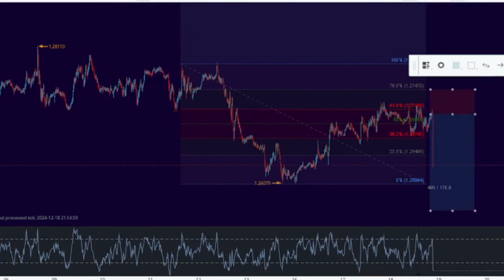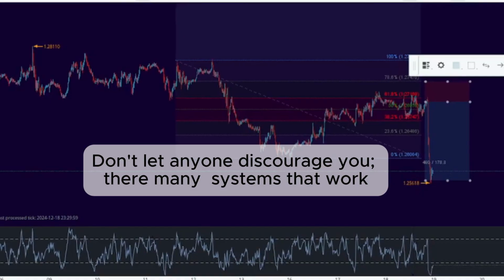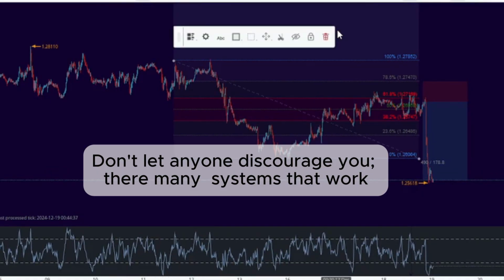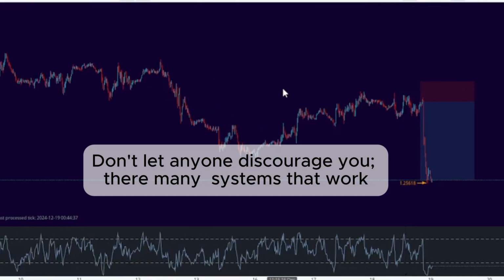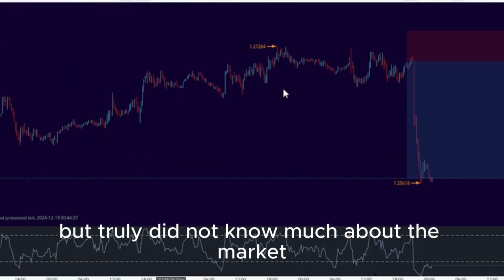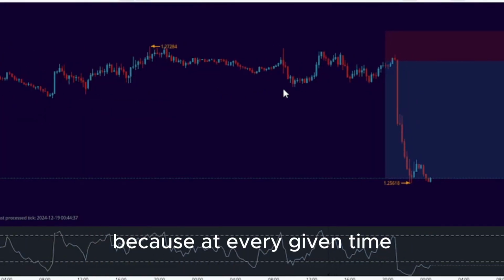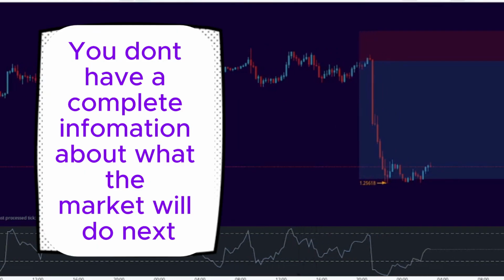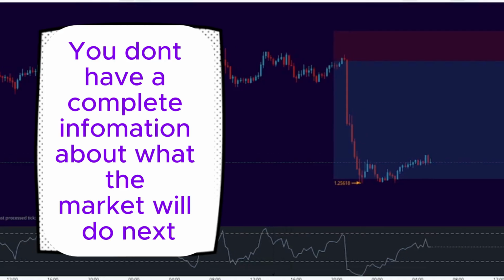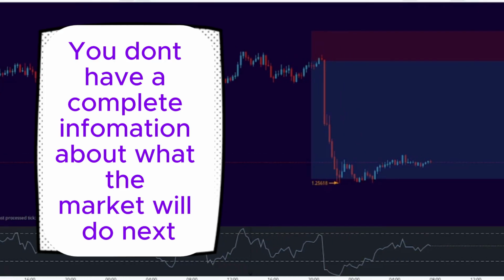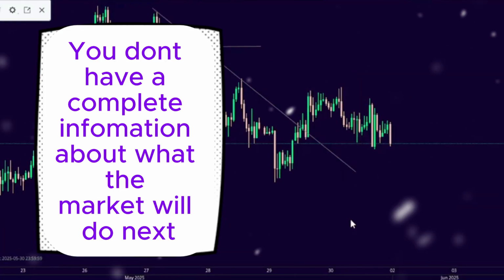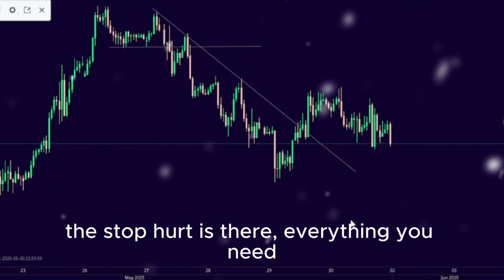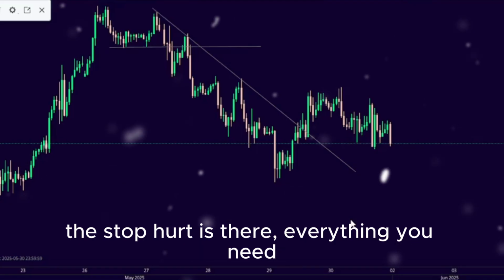Please don't let anyone discourage you that the only thing that works is one particular way. That is not true. You can use an indicator and still make much better than someone who feels they understand the market. Truly, you do not know much about the market, because at every given time you don't have complete information about it. So look at it this way: the market is set to go up, and it gave you a confluence. Okay, so what do we do next? At this point, you're getting confirmation, the stop point is there, everything you need is there.